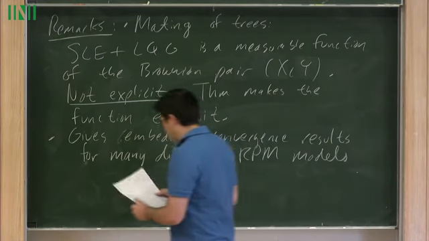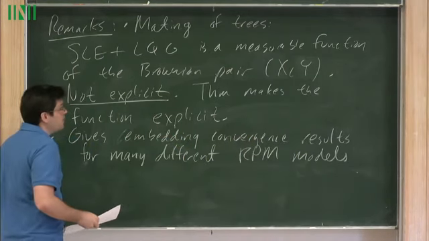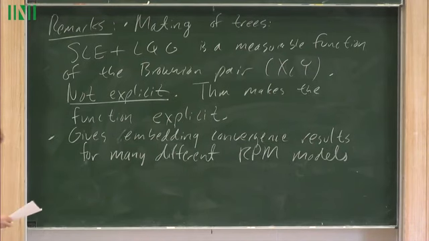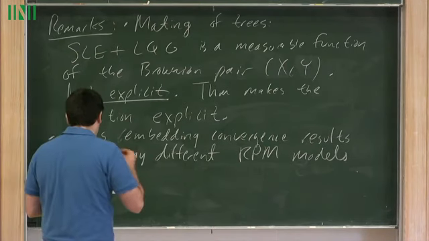Okay, and this works for any type of random planar map model for which you know it's converging to the mated CRT map in this peanosphere sense.